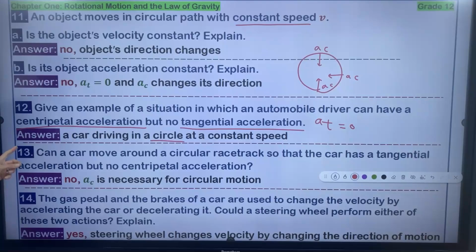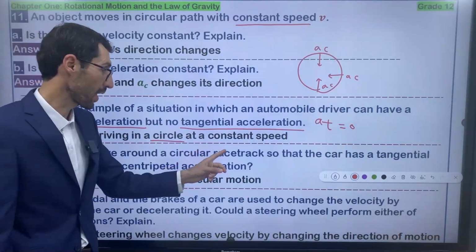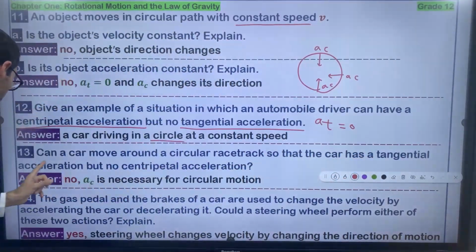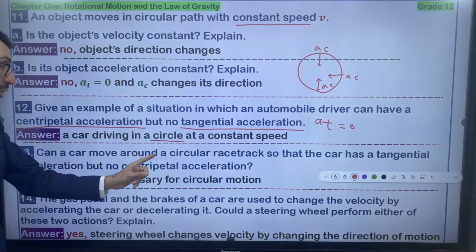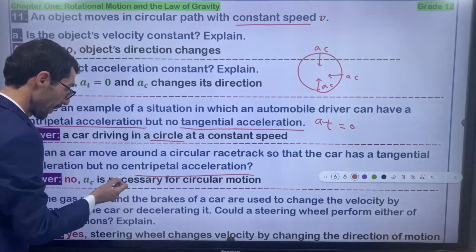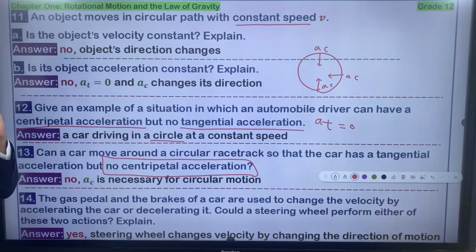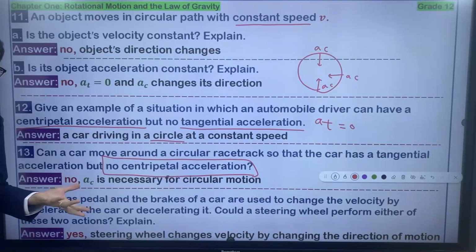Number 13: can a car move around a circular racetrack so that the car has a tangential acceleration but no centripetal acceleration? Is it possible in your opinion? I'm sure you know the answer because you understood the subject.